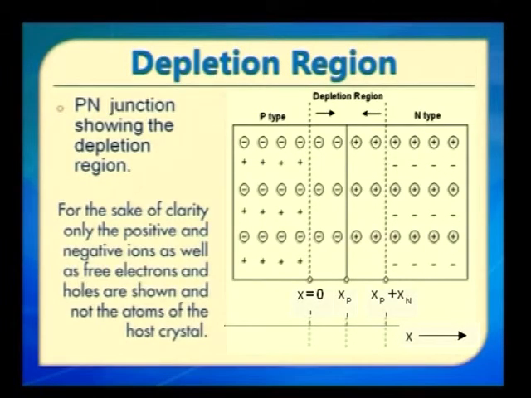excess kind of carriers, or you can take the thermal diffusivity, heat flows from high temperature region to the low temperature region. Similarly, here when you have got excess holes on one side and excess electrons on the other side, because you do not have holes here, the tendency of the holes will be to go towards the n-type, and similarly electrons will go towards the p-type semiconductors.